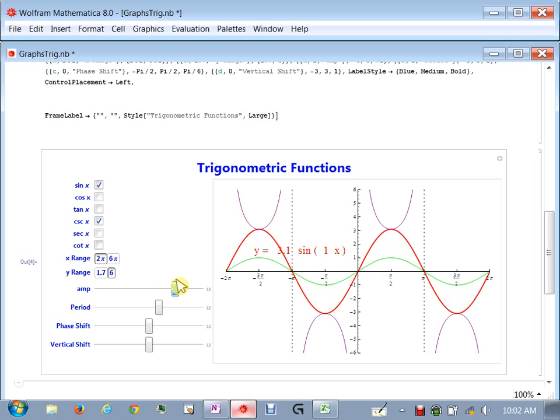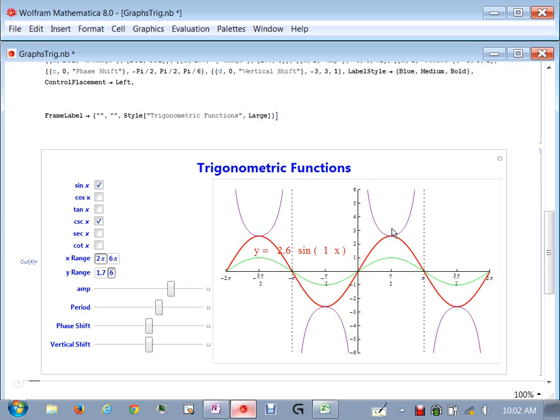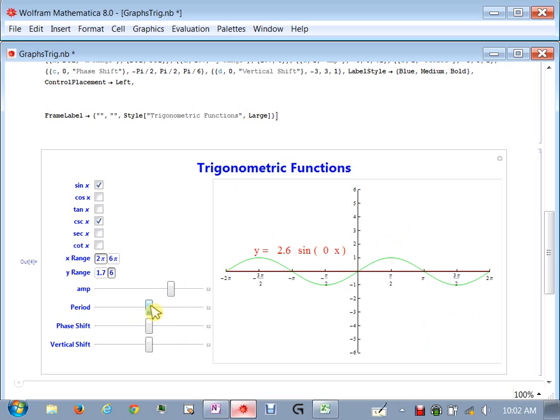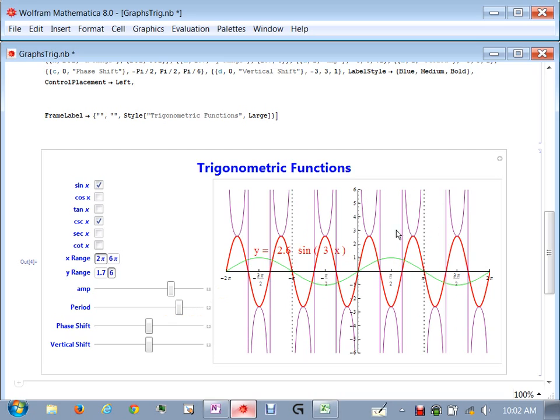If I change the amplitude, what did it do to my cosecant? All it did is moved it up with it, right? Notice that these two curves are attached to each other, right? If I change the period, what happens? I just get more of them, right? More of those little asymptotes. The green one is the sine one. It's just stuck there. Just sine x, the original.